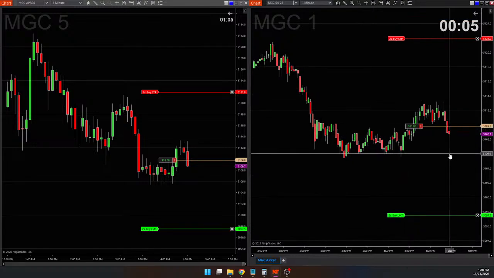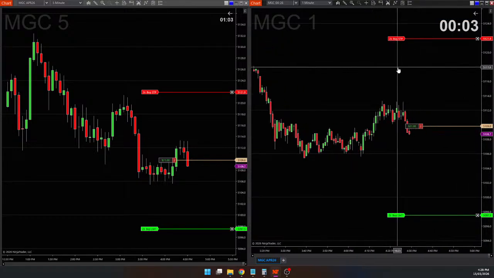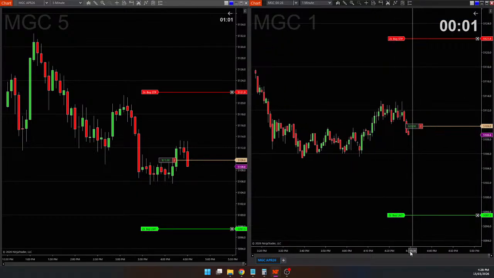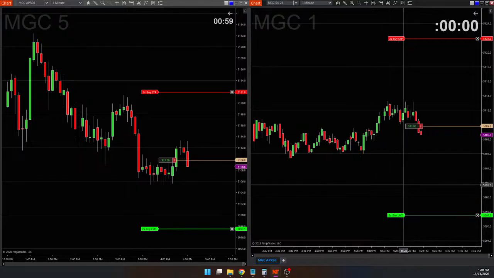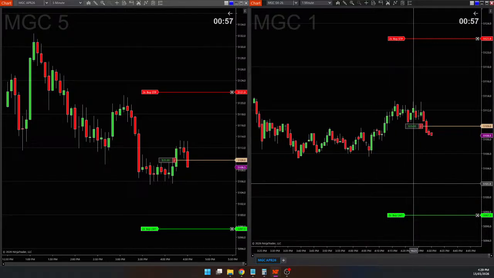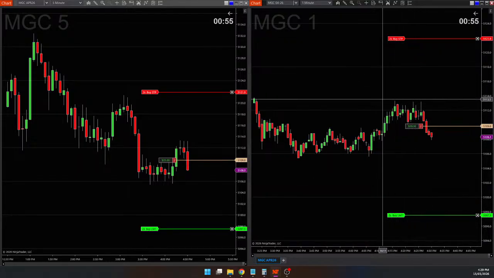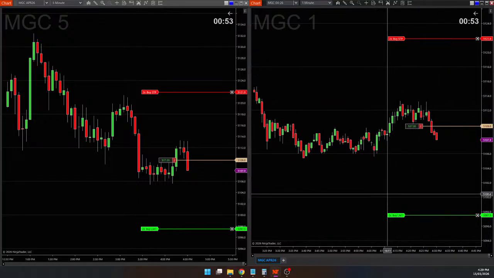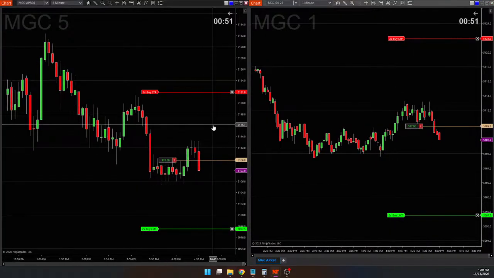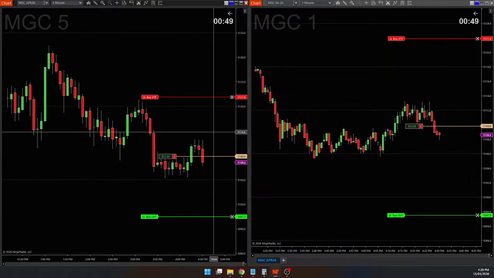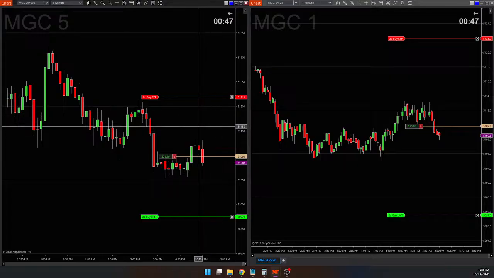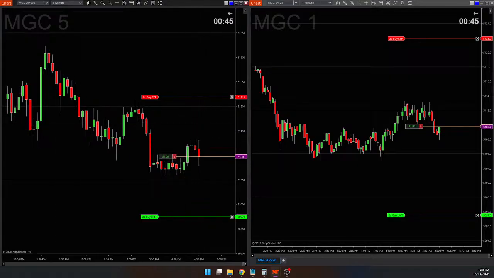If I can add another contract, in fact, not even. Sooner than later, I'd probably move this stop loss just here. On the 15-minute chart, it makes a bit more sense, because once again, that would imply a break of structure.